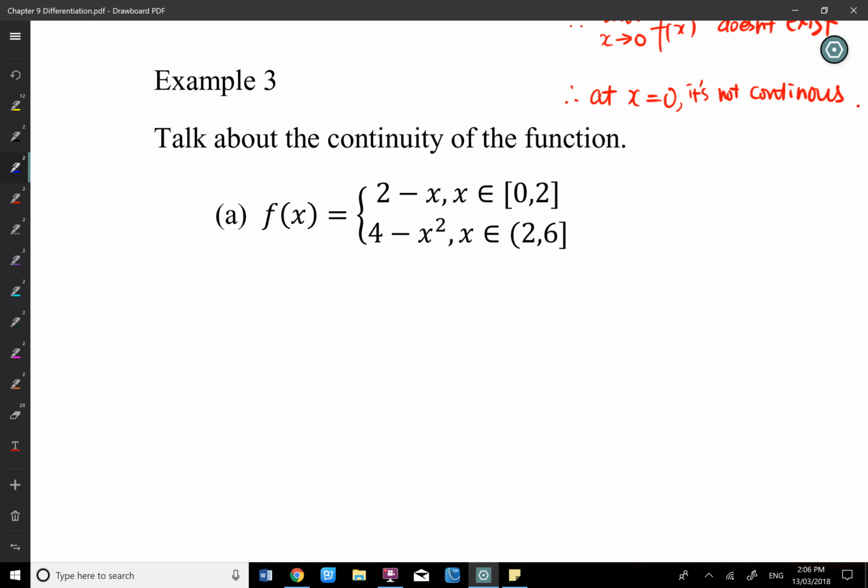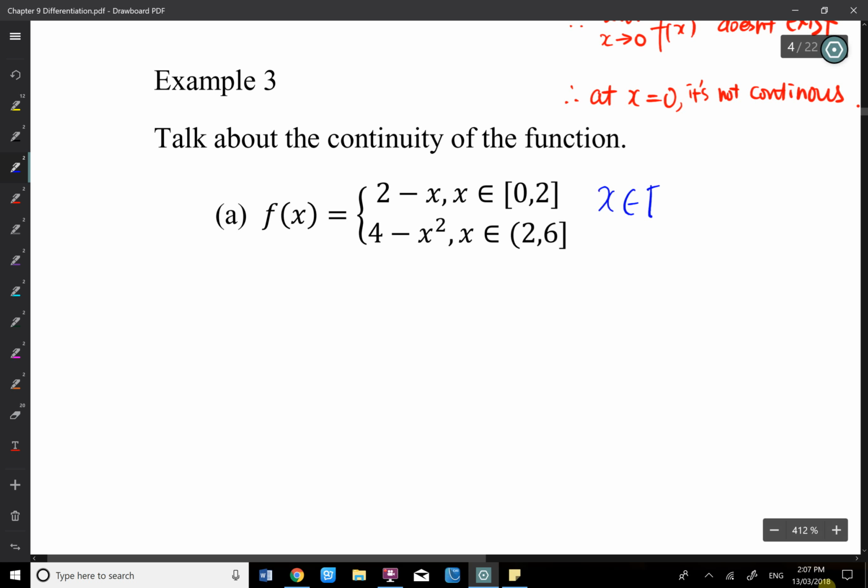So silly, because it's a smooth graph and it's continuous forever. So only for a hybrid function are we asked to talk about the continuity. And the only place a problem may exist is the connection point. Whether it's connected or not. So this graph, the domain x belongs to 0 to 6.